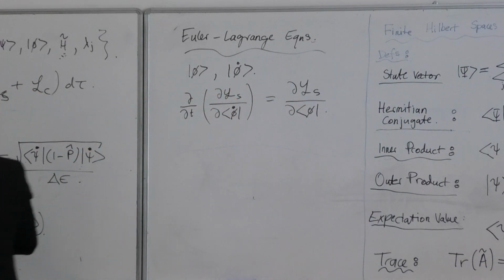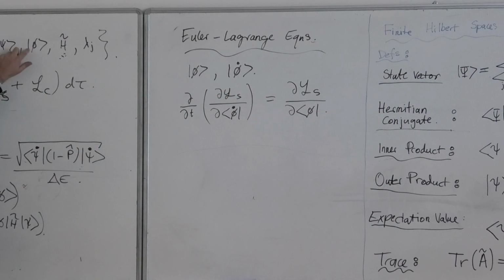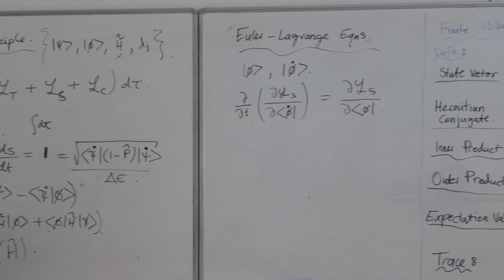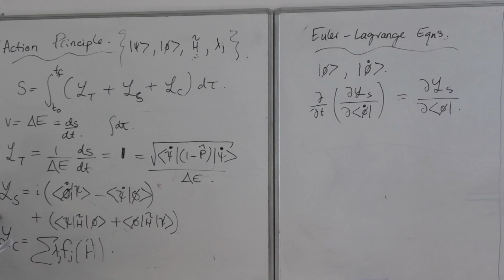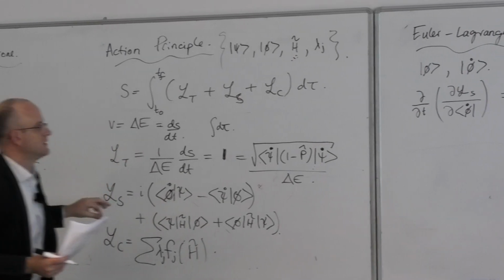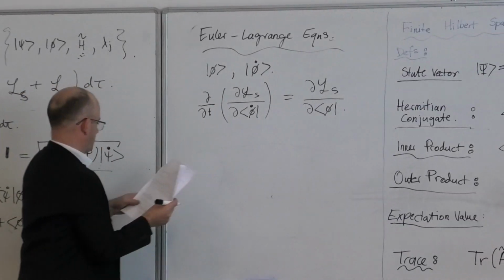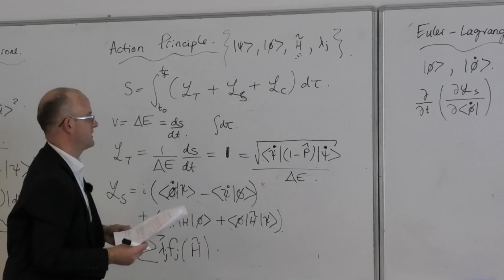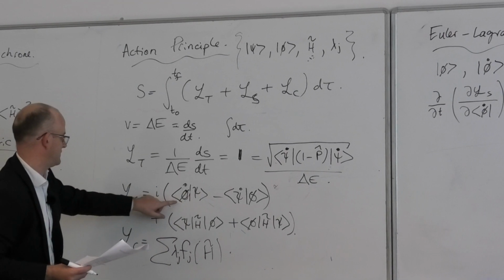Okay, so if we just look at this variable, this variable only appears in the second part here, so we can just forget about everything else. If we calculate this, it's pretty easy. You just differentiate it, right?